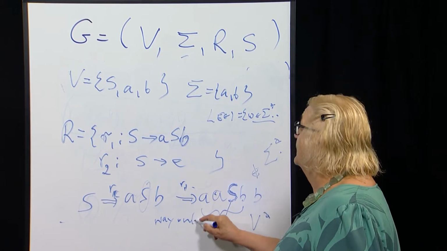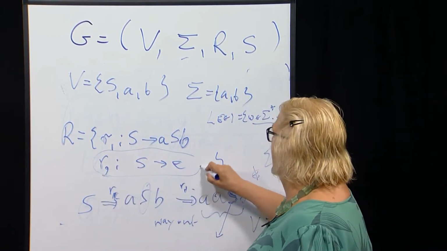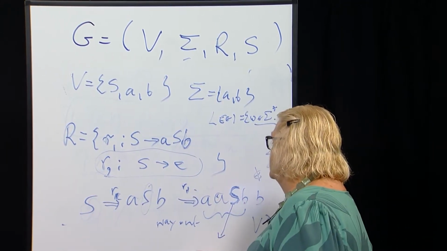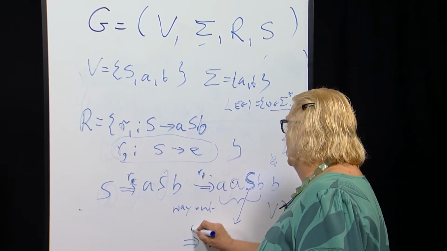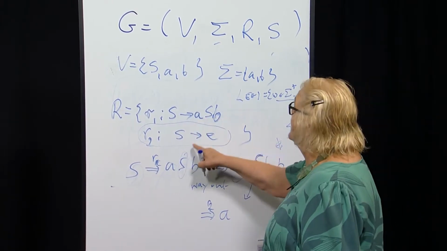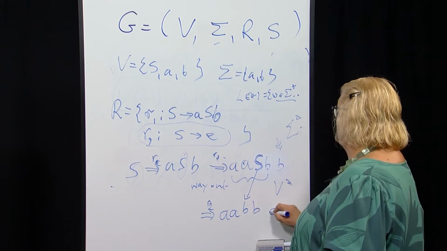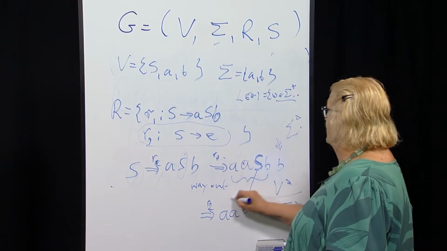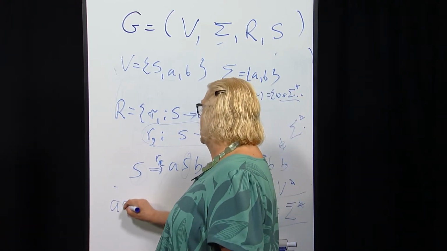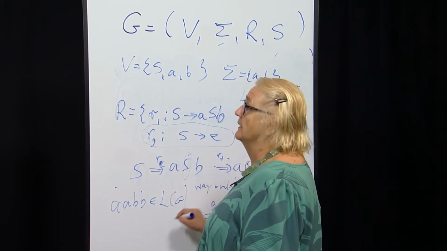Here is my second rule: now, the next step, I apply R2 and replace S by epsilon. So I have A, A, B, B, and that is a word in sigma star. So I have proved that A, A, B, B is in the language of that grammar.